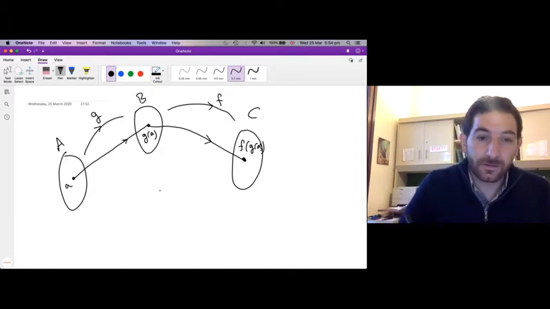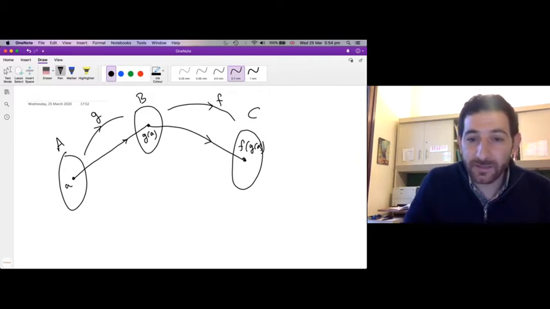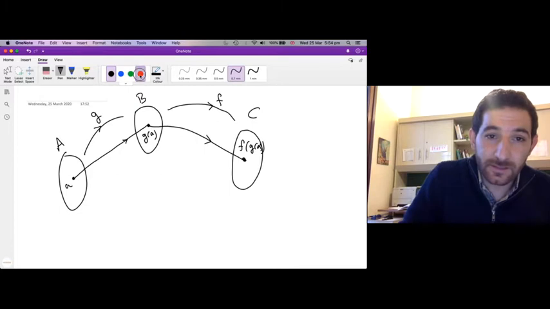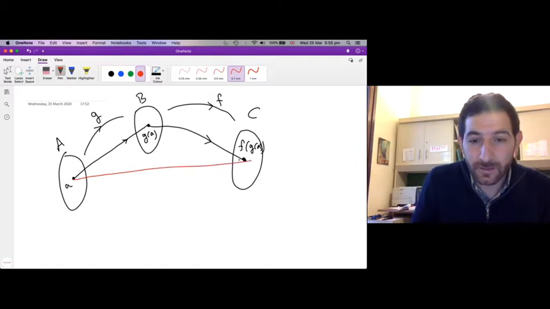Okay. This means that for every element in A, we assigned some element in C, and this is a function, right? What is a function? It's an assignment which assigns to every element in the first set some element in the second set. So here we get an assignment.